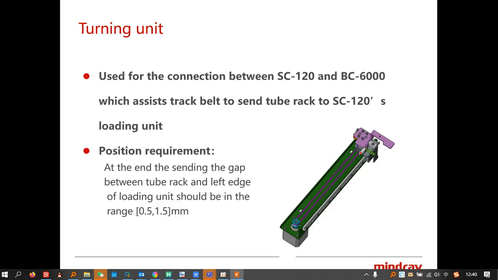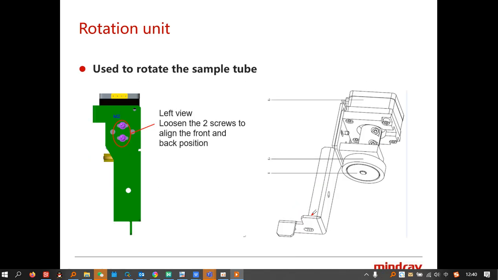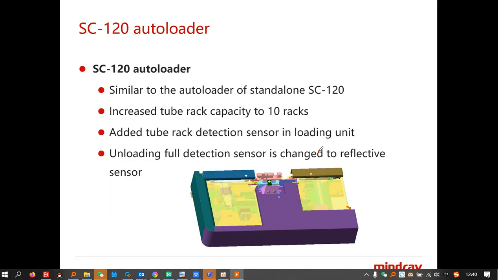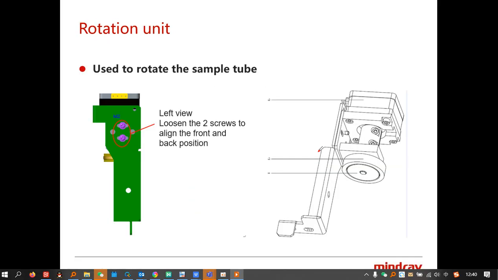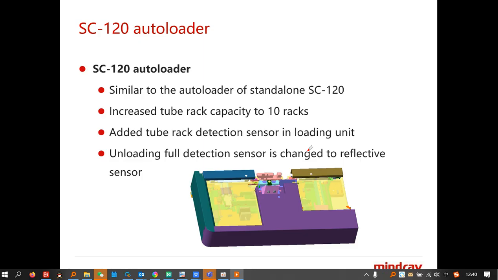Turning unit: a motor drives this part to push the rack from the dual buffer module to the autoloader of SC120. It's quite simple. Rotation unit is the same with the BC6000 standalone. I don't want to explain here because next month we have the advanced training of the BC6000 autoloader. It's the same with the standalone.